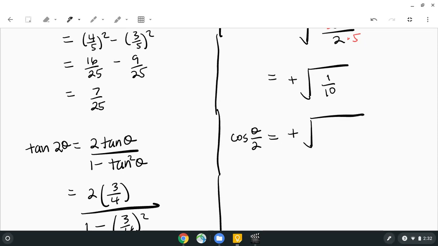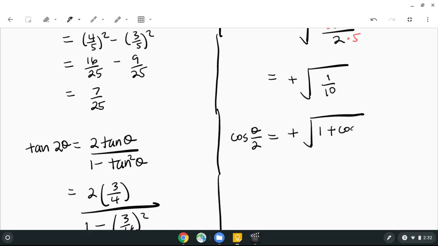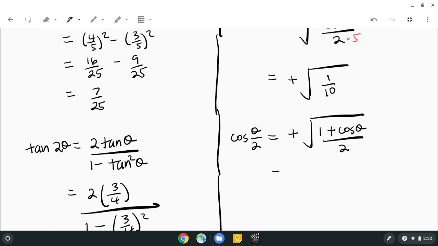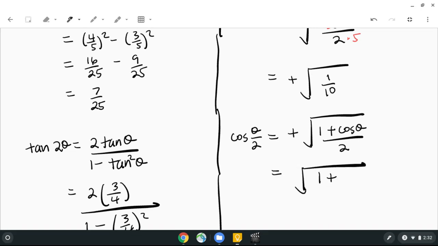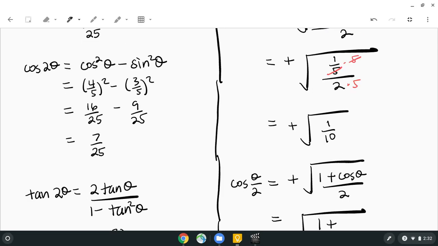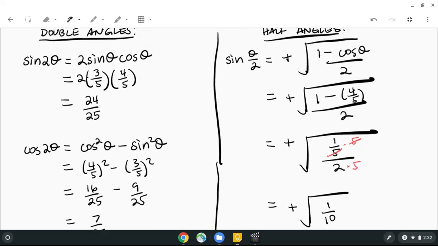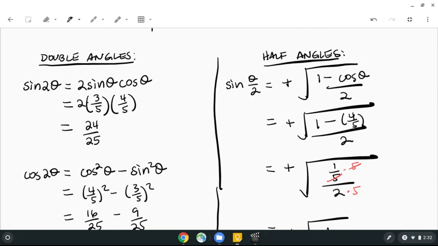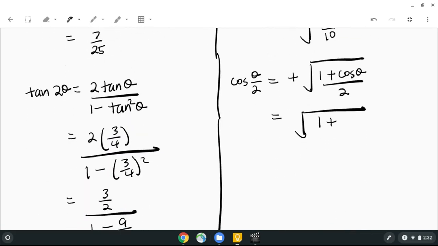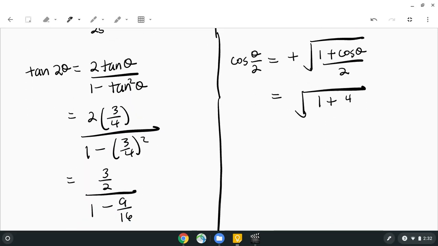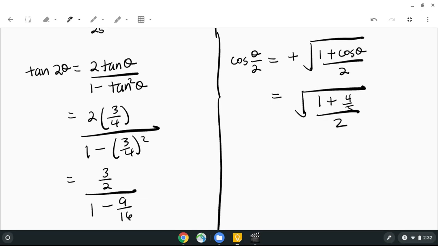And it is going to be the square root of 1 plus cosine theta over 2. And we already saw that cosine theta is 4 over 5. I see it from sine theta. So 4 over 5, all over 2.